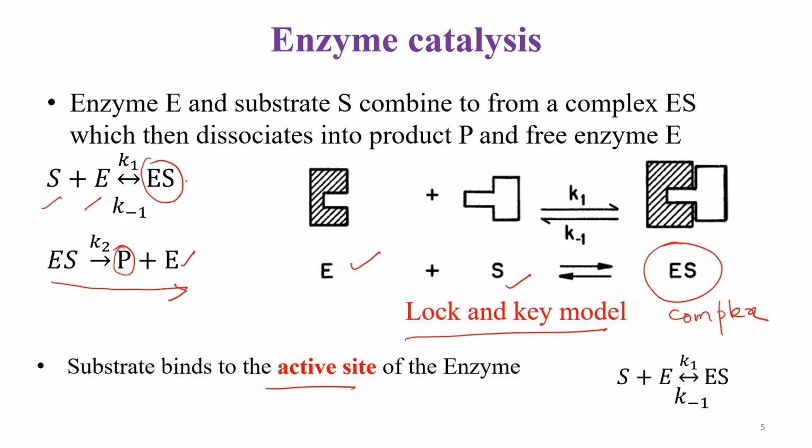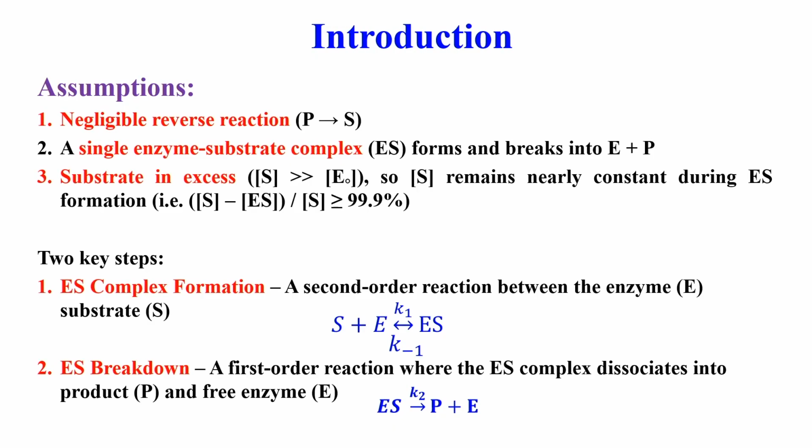So, based on these concepts, these are the two reactions: E plus S to ES, and the second step is ES converted to P plus E. So, I will write here again: E plus S gives rise to the enzyme substrate complex, with K1 and K minus 1, and the enzyme substrate complex further leads to the formation of product and the enzyme is released again.